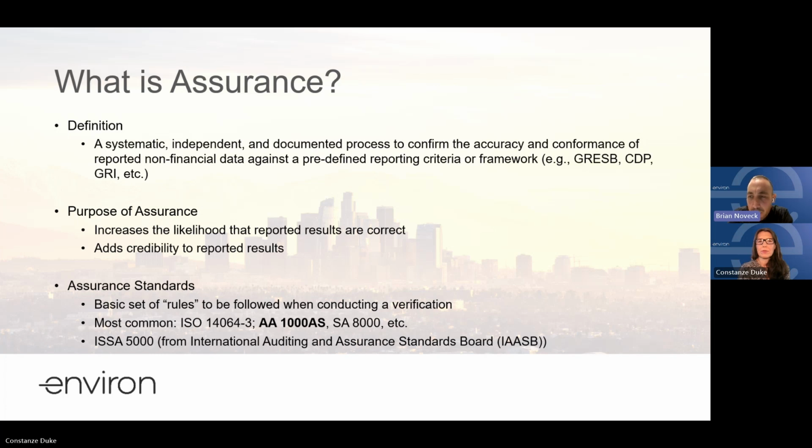That criteria or framework could be, for example, the Global Real Estate Sustainability Benchmark, GRESB, CDP, formerly the Carbon Disclosure Project, or GRI standards from the Global Reporting Initiative. In our case, we will be looking at the final rulemaking that will be determined by CARB, likely in alignment with the Greenhouse Gas Protocol as we go through the assurance process.